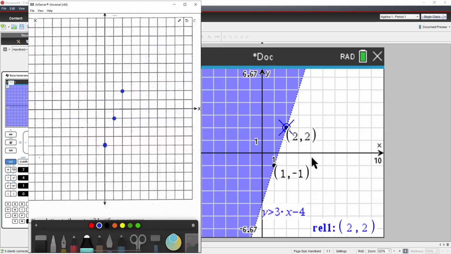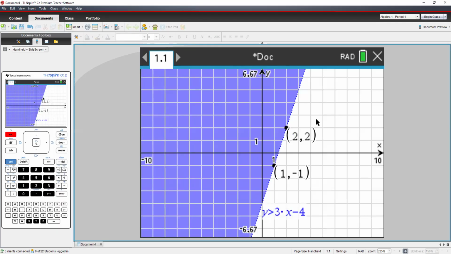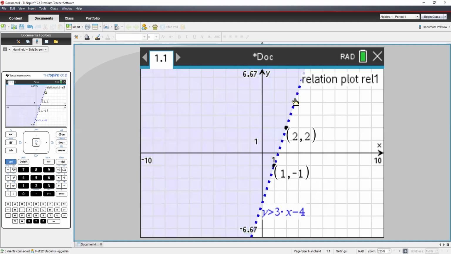The one thing you have to realize here is, once you've got a couple of points, if you hover over this line, you can see that this is a dashed line, which means that yours should be dashed.